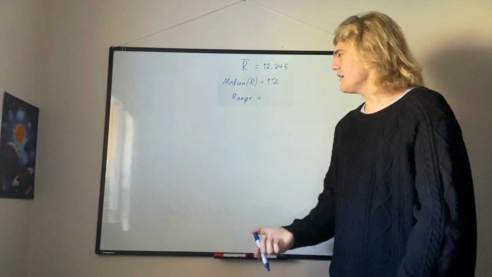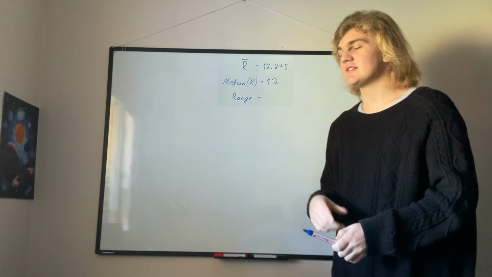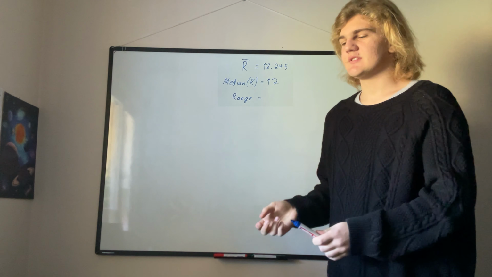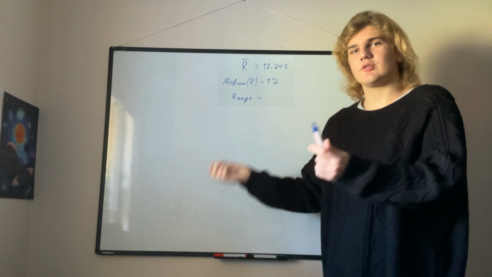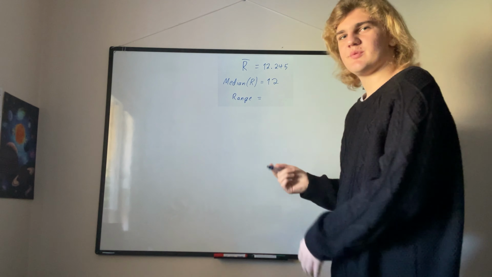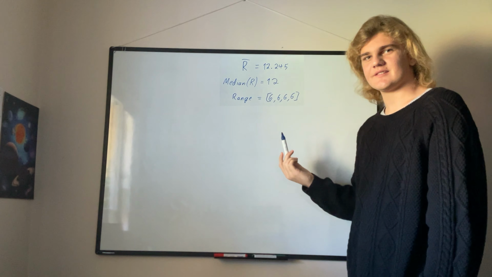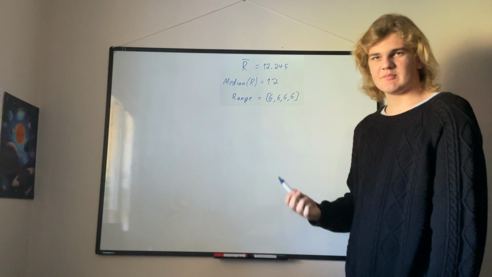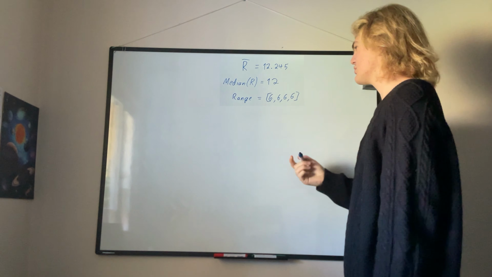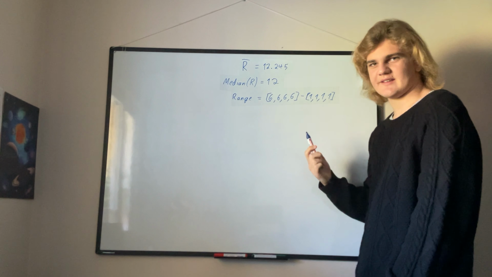So to find out what the range was, because each combination was different, I decided to take the largest possible combination, which would be getting all 6s on your dice, subtracted by the smallest combination, which would be getting all 1s on your dice.